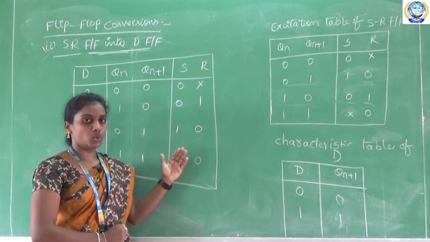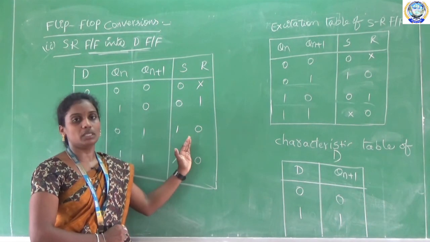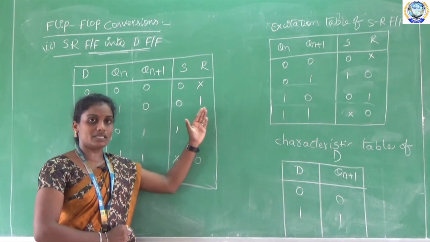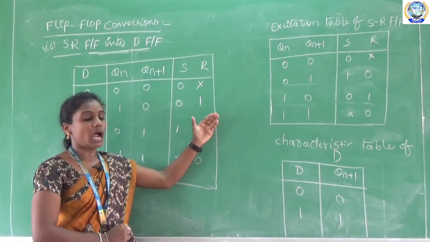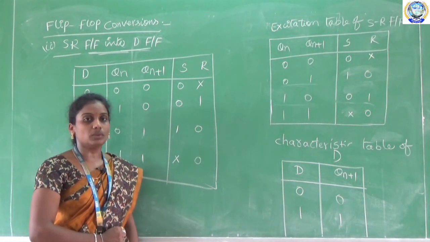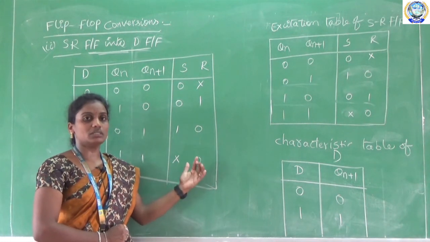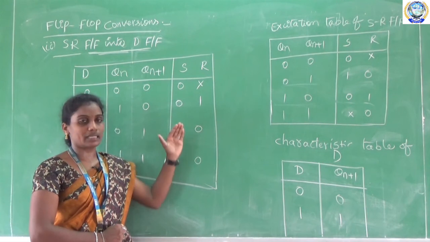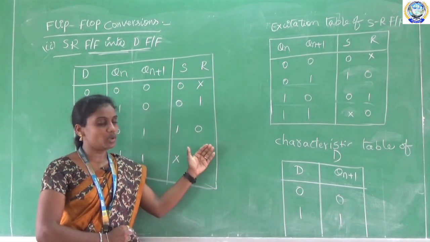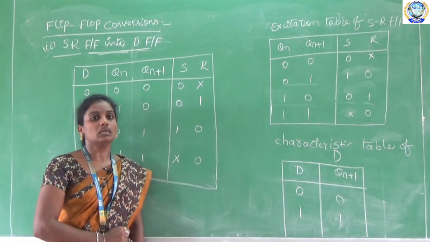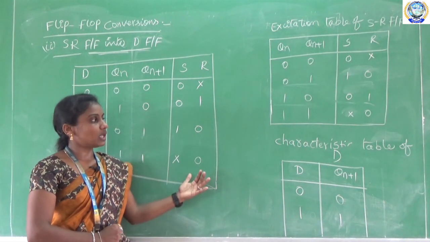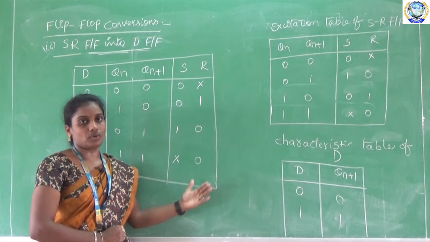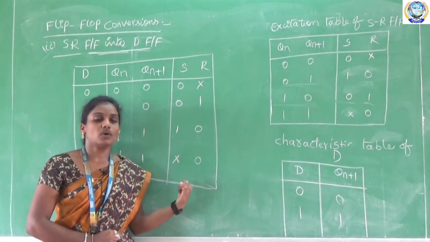Again, if you want to convert the JK flip-flop into T flip-flop, then you need to consider the excitation table of the JK flip-flop and the characteristic table of the T flip-flop. Again, if you want to convert the D flip-flop into T flip-flop, then you need to consider the excitation table of the D flip-flop and the characteristic table of the T flip-flop. In this way, we can convert one type of flip-flop into another type of flip-flop.